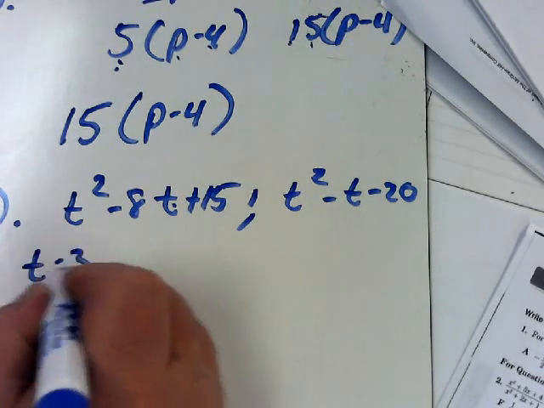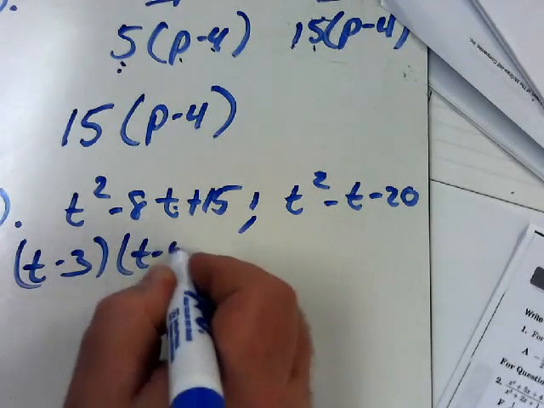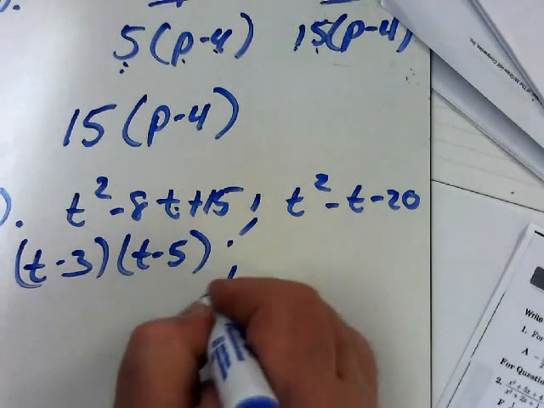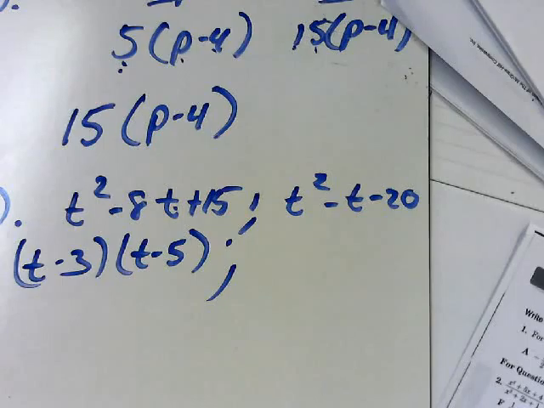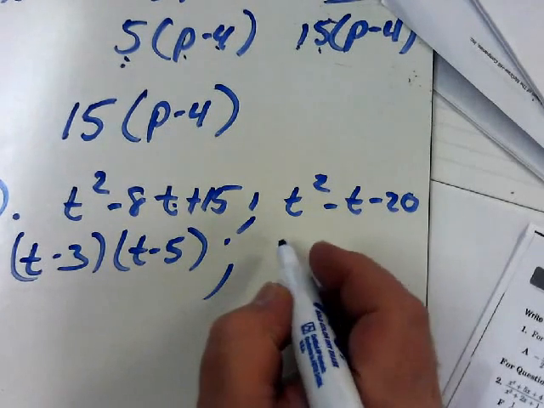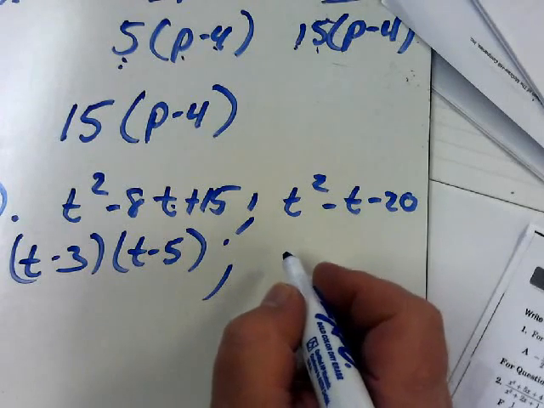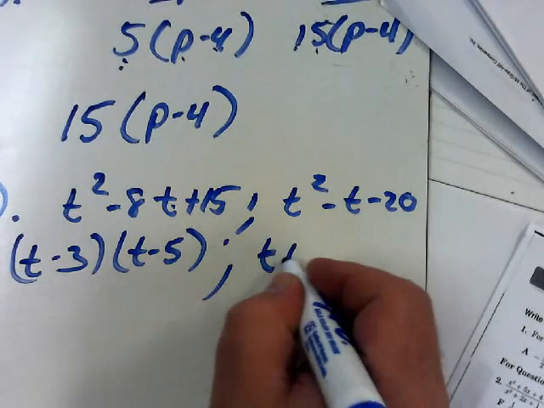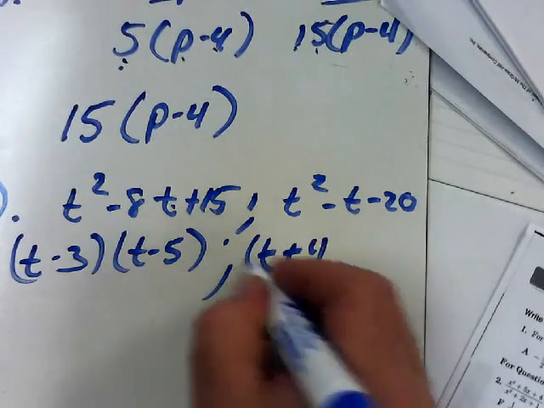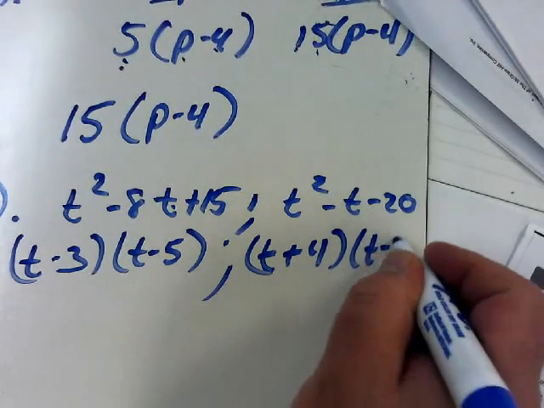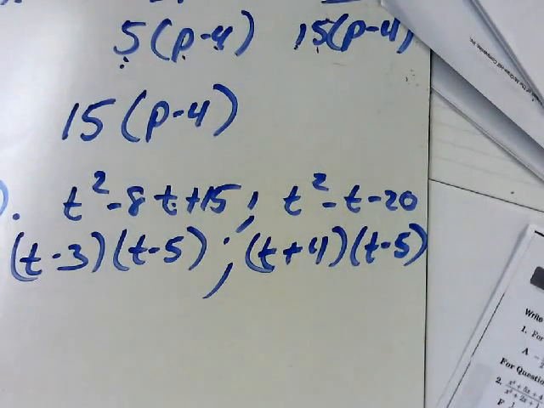So t minus 3, t minus 5. And t squared minus t minus 20? The other way around. t minus 5 and t plus 4.